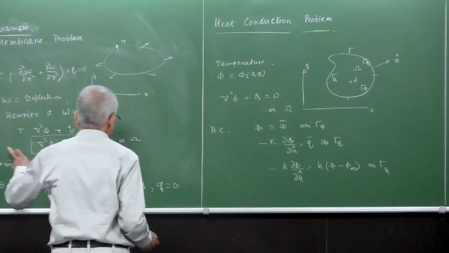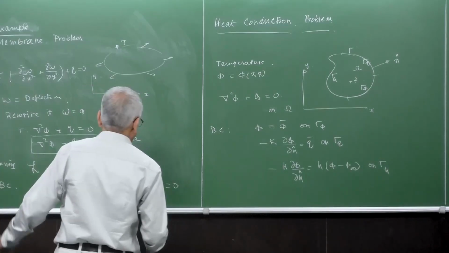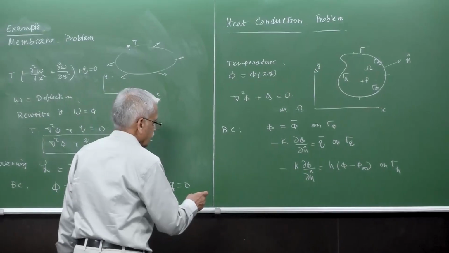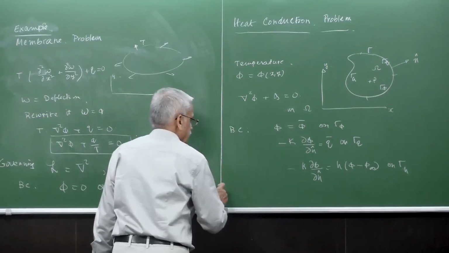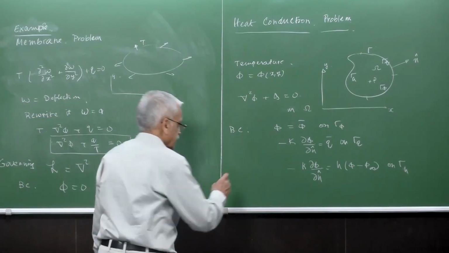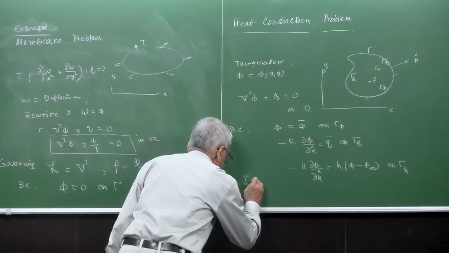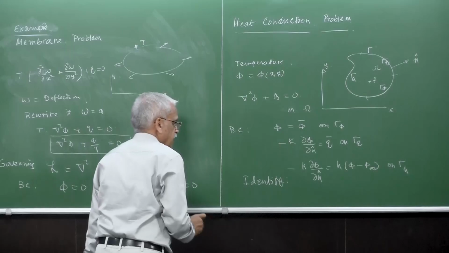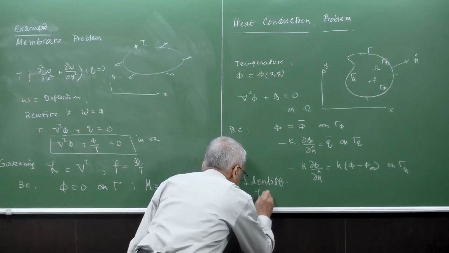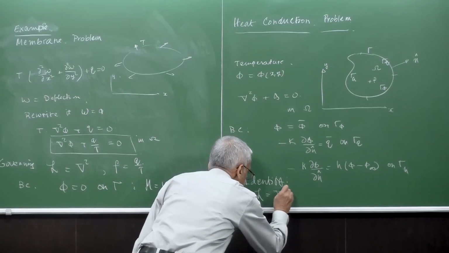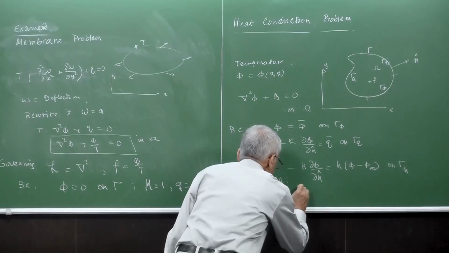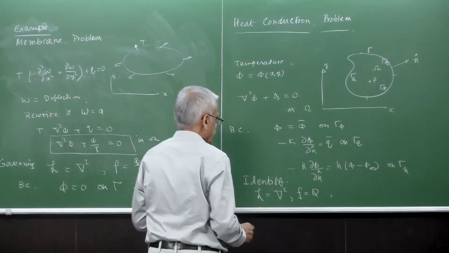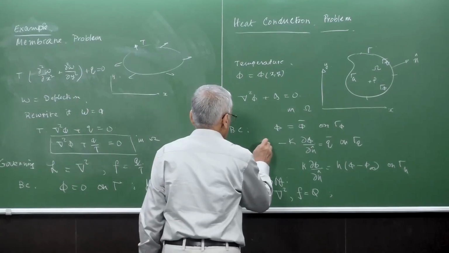If you want to put it in this framework of L phi plus f is equal to 0, we can identify L as del square and f as q. That is as far as the governing equation is concerned.